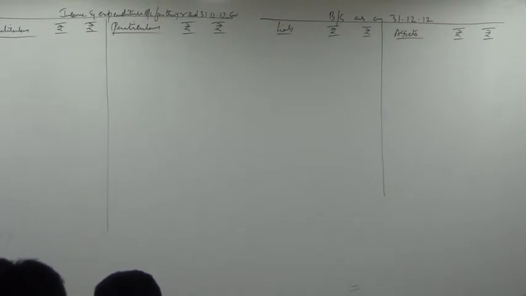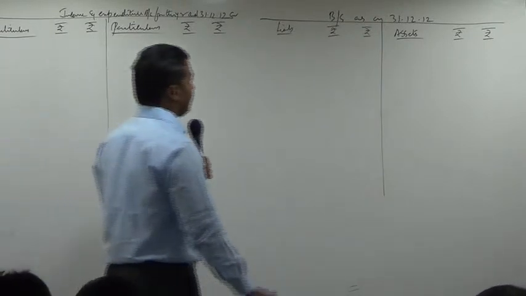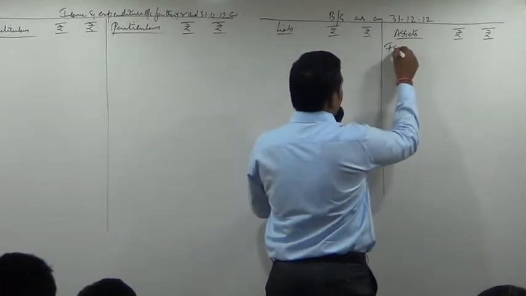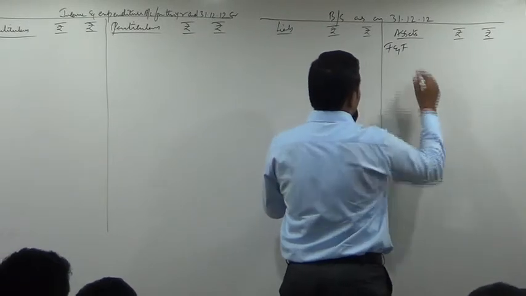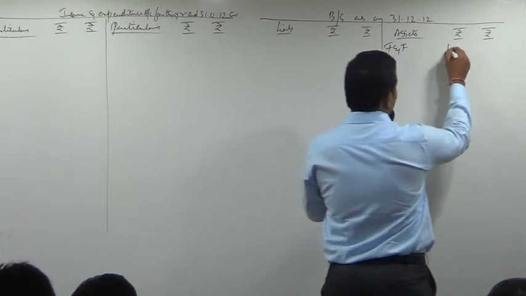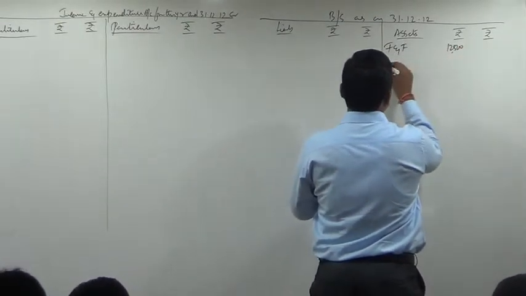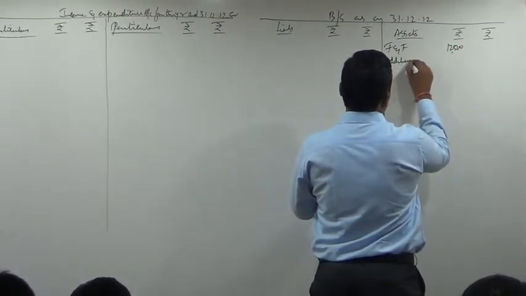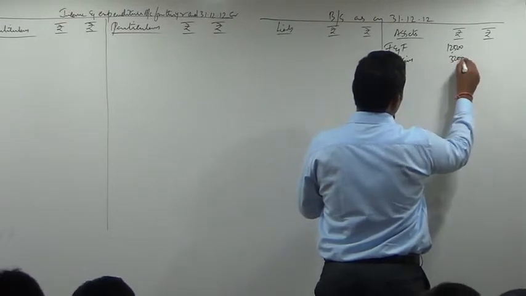Furniture and fittings 12,500. Additions to furniture 3,200. Do you have any other information given in the trial balance relating to furniture? No. But we have depreciation 5% per annum. So we will show in the balance sheet. F and F. Opening balance of furniture and fittings 12,500. Additions 3,200.